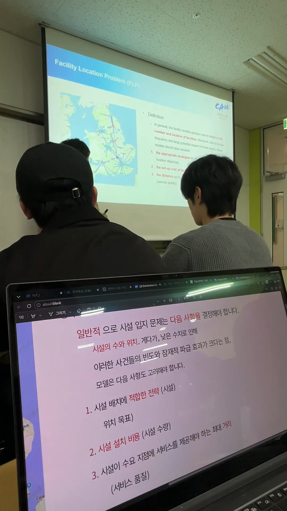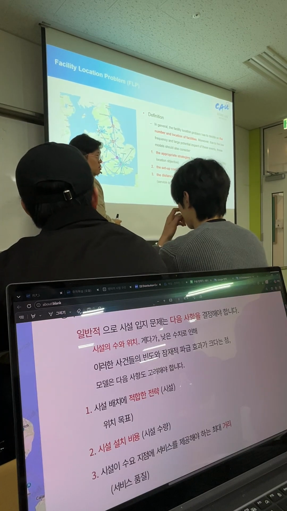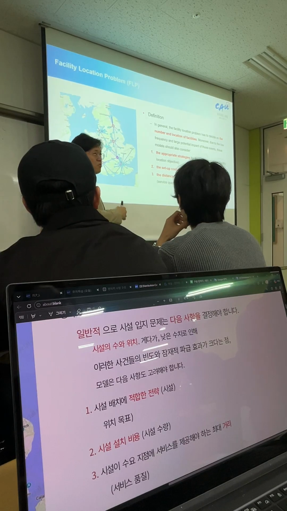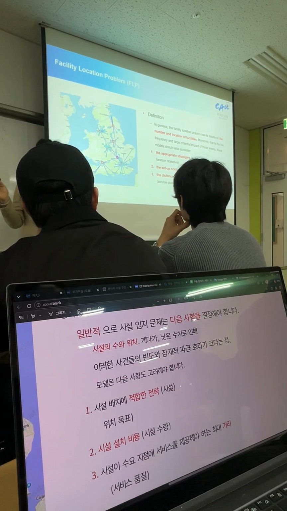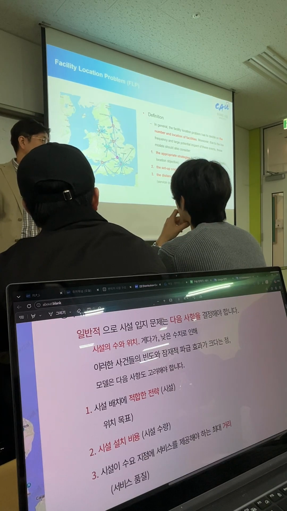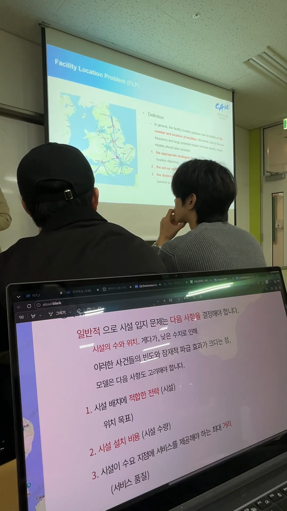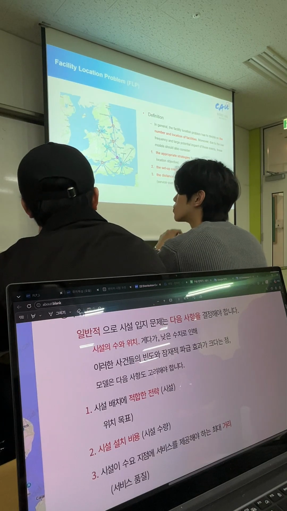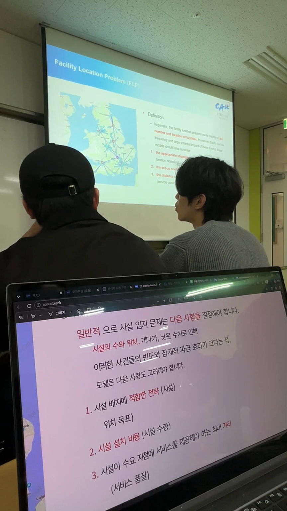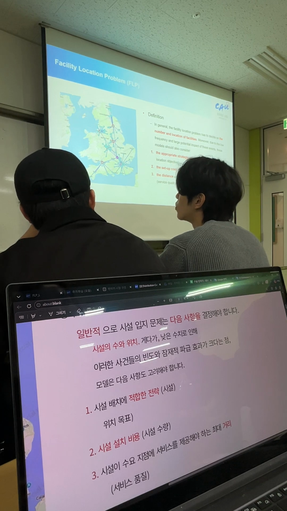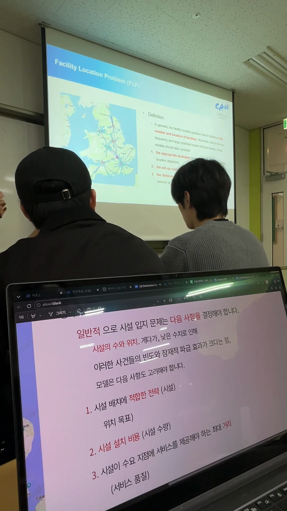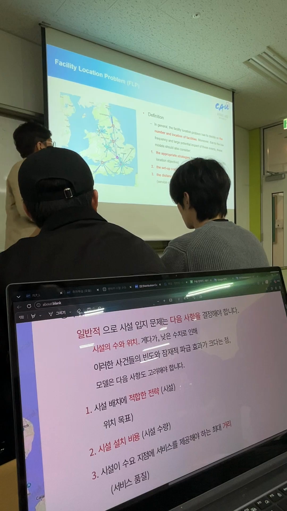Otherwise, the distance is too far away compared with the required distance. That means required service level. Okay? So that kind of thing could be the constraint. The constraint part should be very detailed. Otherwise, your solution from the optimization process will not work. So that's the setup of this facility location problem.